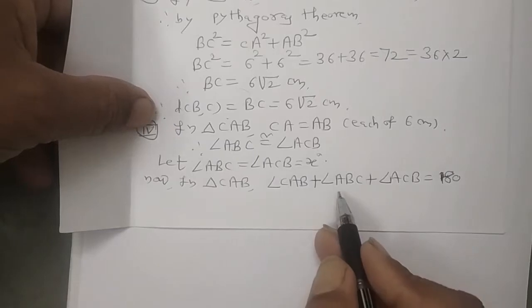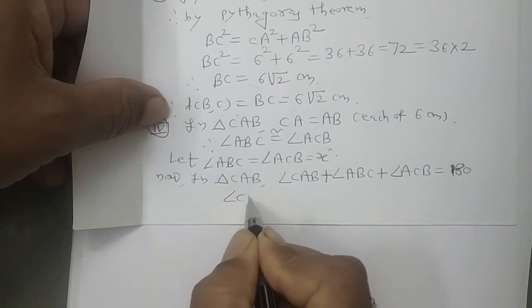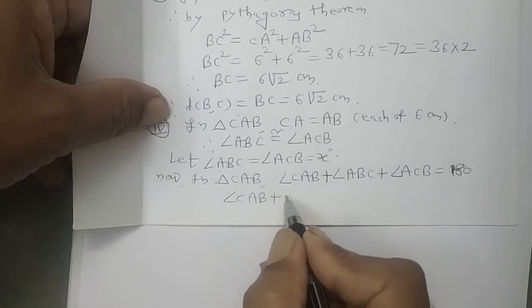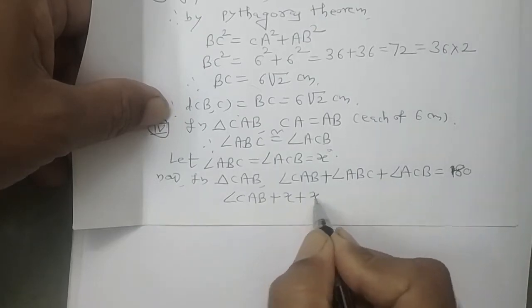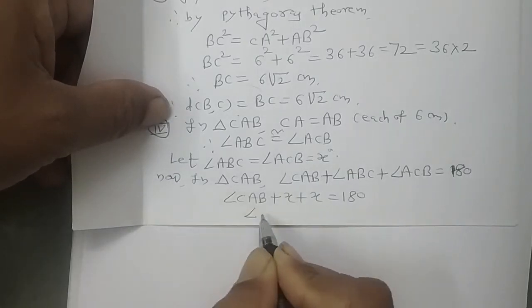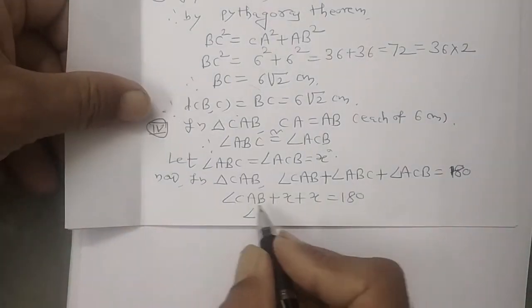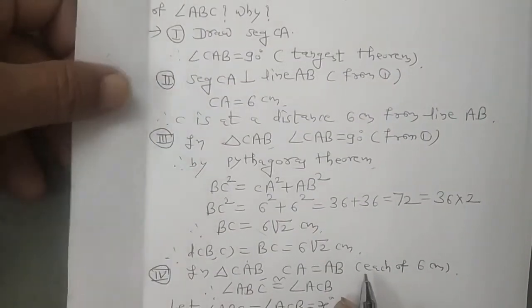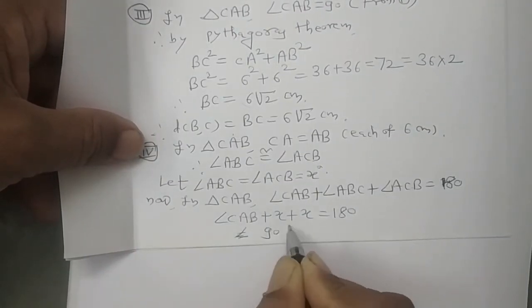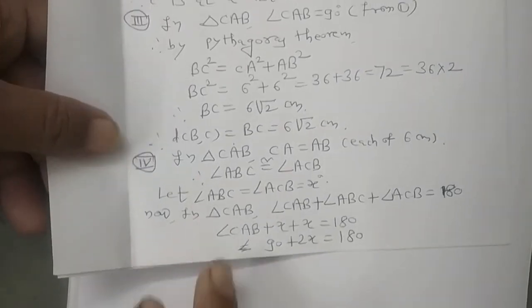Now here put values. Angle CAB plus angle ABC is x plus ACB is x is equal to 180. Therefore, we have given angle CAB is 90 degree. 90 plus 2x is equal to 180.